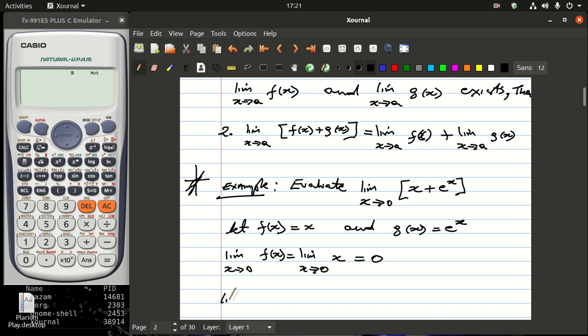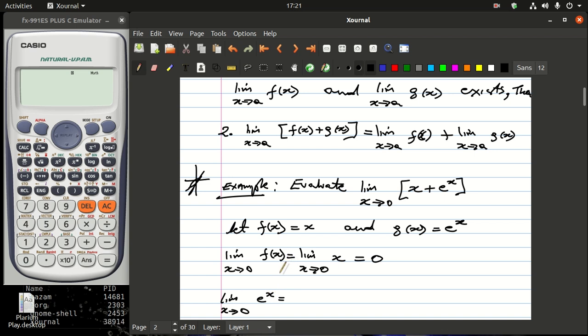And if I look into the limit as x approaches 0 of e to the power x, I am supposed to end up getting 1, because this exponential function is increasing throughout.